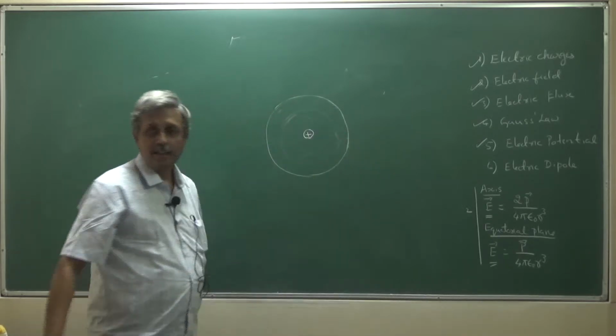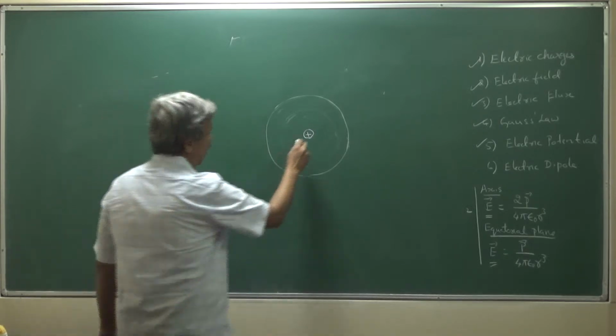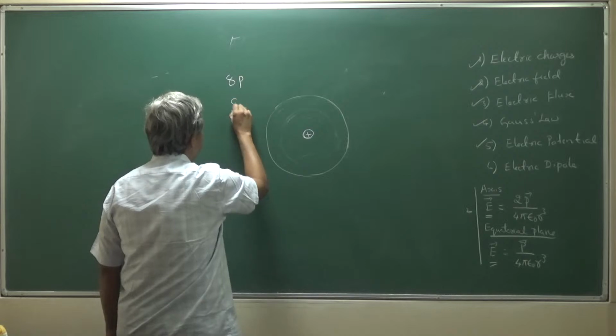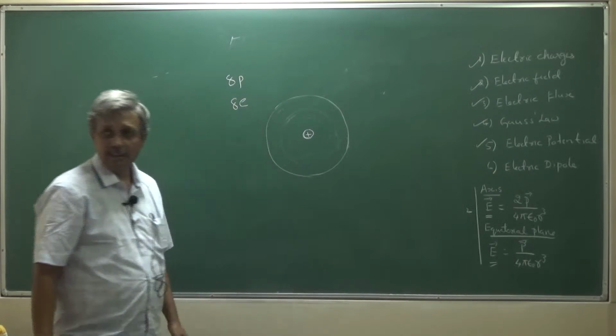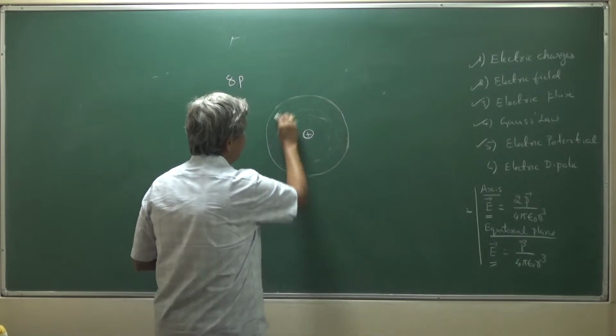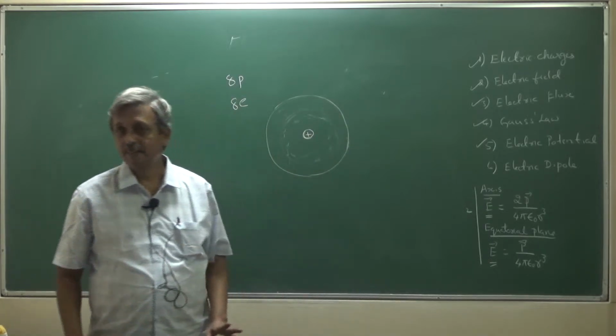Correct? If there are, let us say, 8 protons, there will be 8 electrons. Those 8 electrons are distributed everywhere, and 8 protons are there in the middle.